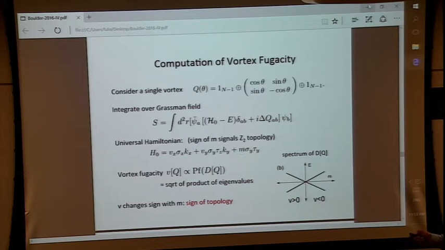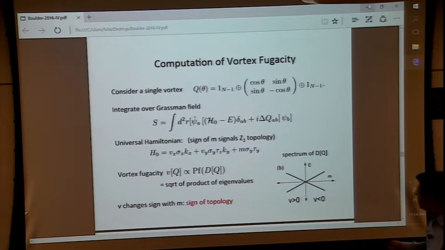And when the sign of M changes, the partition function is related to the Pfaffian of this kernel here, and that is given by the product of eigenvalues. In this problem, the eigenvalues of this kernel come in plus-minus pairs, and the partition function, the square root of the determinant, is given by the product of half of the eigenvalues. Let's say we just take half of them, right?